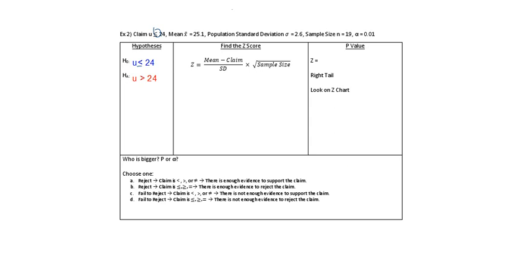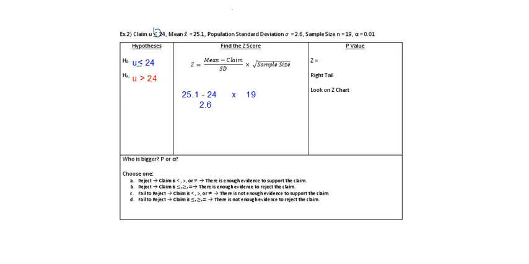Now that the hypothesis is done, let's find the z-score. We know that the mean is 25.1. The claim is 24. The standard deviation is 2.6. And our sample size is 19.